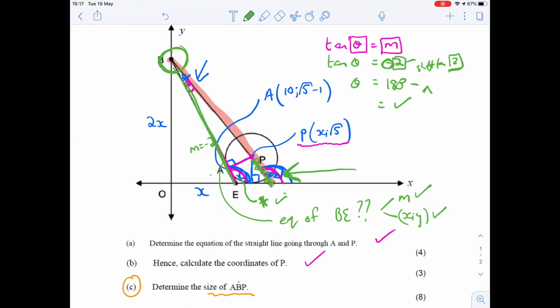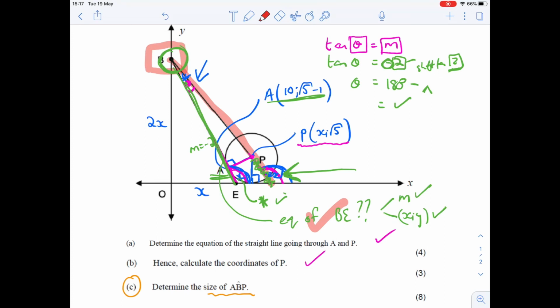It's point A. It was given. There it is there. So therefore, I can find the equation of line BE. Yes, I can do that. So I've got the equation of line BE. So if I have the equation of line BE, can I not go and find point B, which is going to be the y-intercept? Yes, I can.